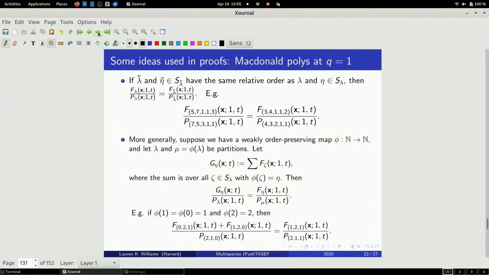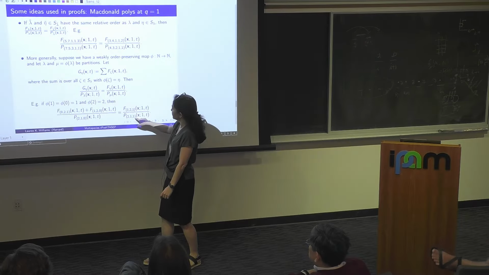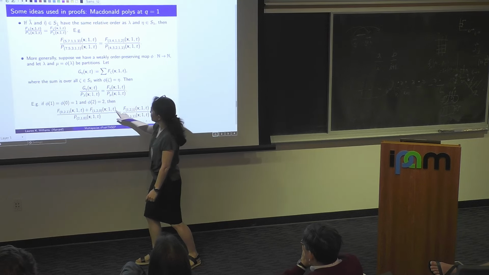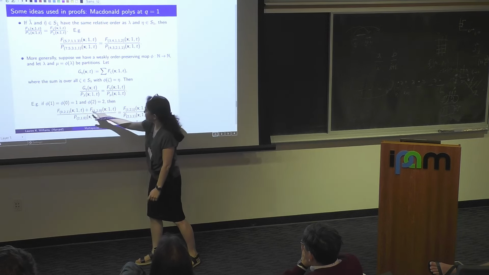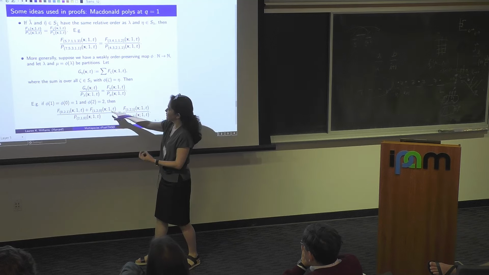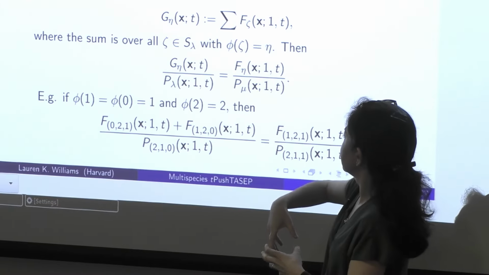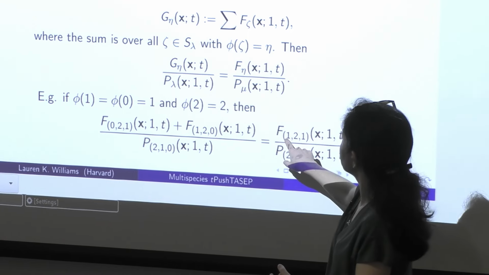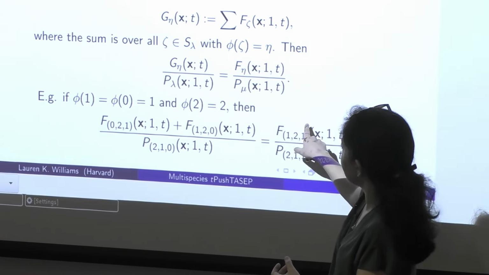Phi is the order-preserving map mapping 1 and 0 to 1 and 2 to 2. Now, what I'm saying is that in this ratio, here's my Macdonald polynomial 2, 1, 1, and this is the ASEP polynomial 1, 2, 1. And now what I'm putting over here is a sum of ASEP polynomials indexed by all compositions which map to 1, 2, 1 under phi.